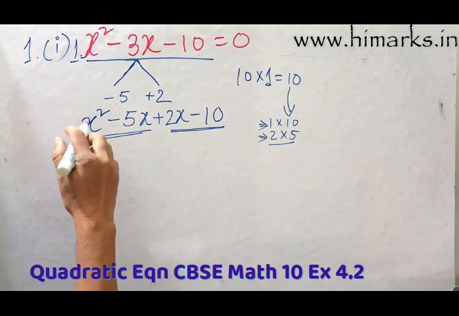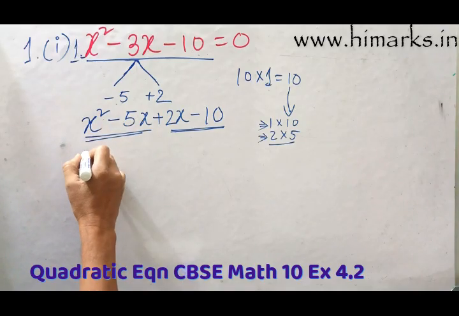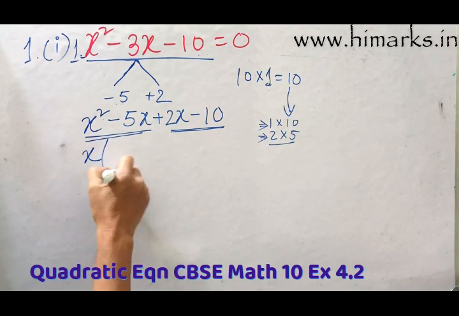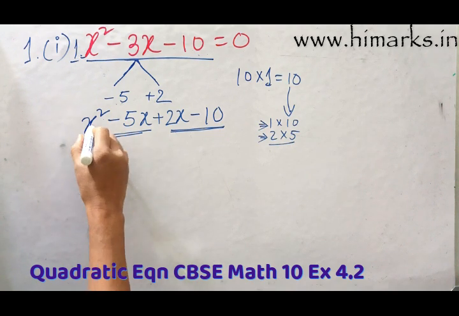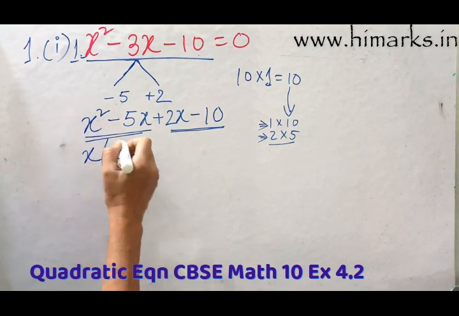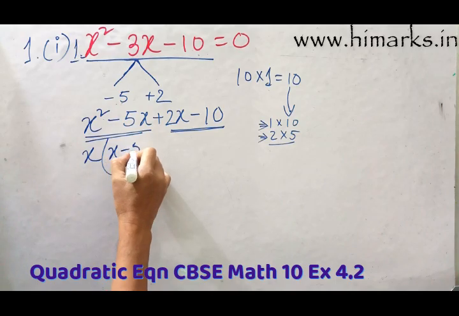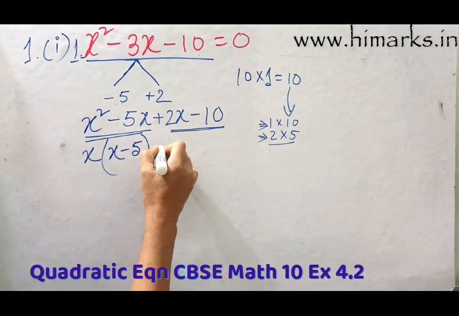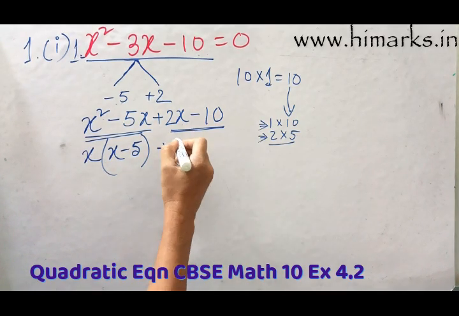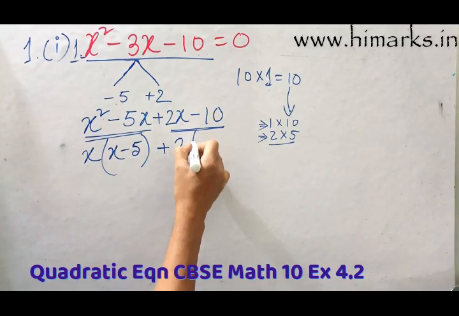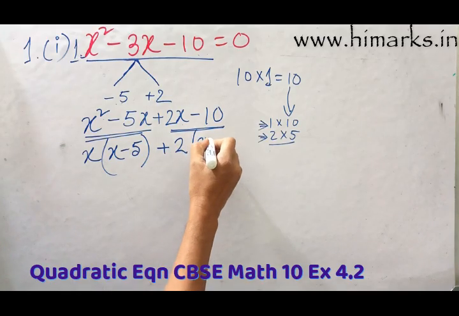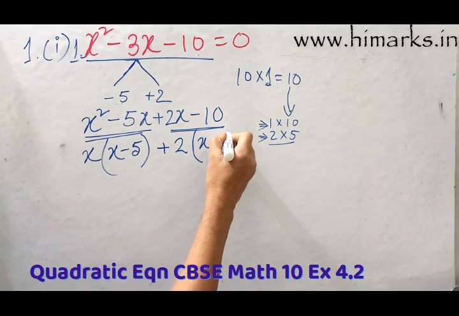Between these two, the common factor is x. From x square, x is taken out, x remaining. From here, minus 5. From here, between these two, 2 is common, x minus 5.